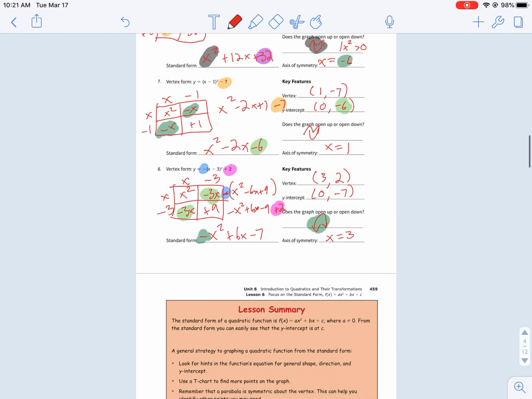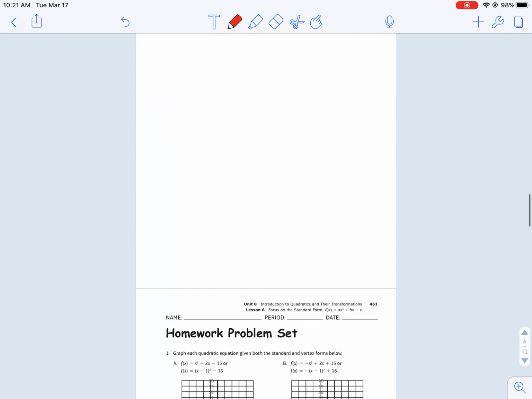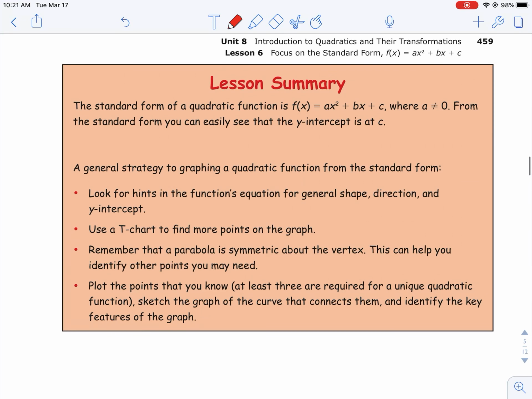Okay, so we have solved all those problems. Let me go through the lesson summary, and that will be it. The standard form of a quadratic function is f of x equals ax squared plus bx plus c, where a is not equal to 0. From the standard form, you can easily see that the y-intercept is at c.